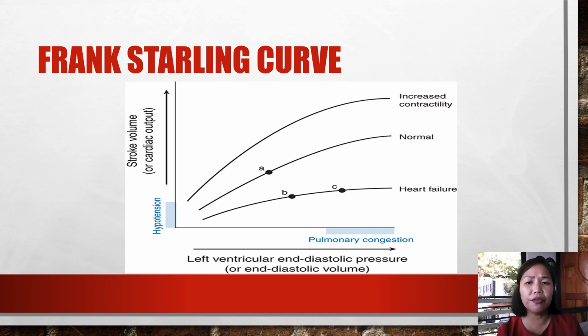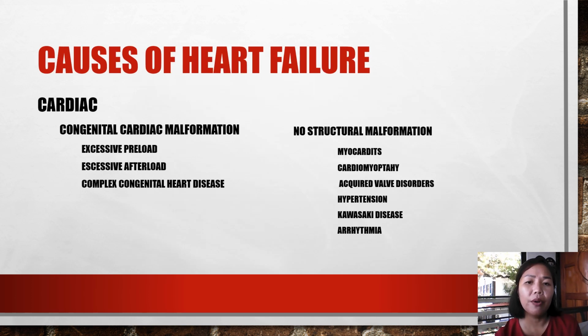Even in the presence of congestive heart failure, cardiac index increases until a critical left ventricular end diastolic pressure is reached. For example, with a congenital heart disease like a VSD, when the defect is big, the left ventricle becomes dilated due to the left to right shunting.